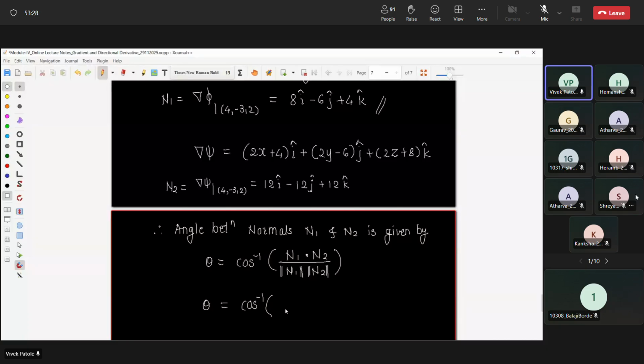Okay. Anyone evaluated this numerator and denominator? Inside cos inverse, I'm getting 0.965.